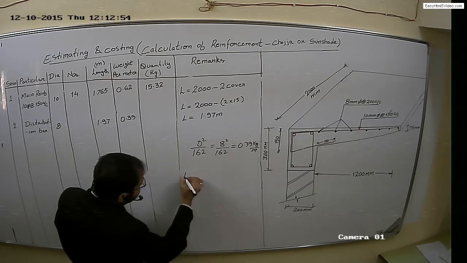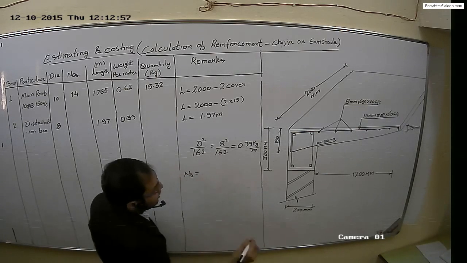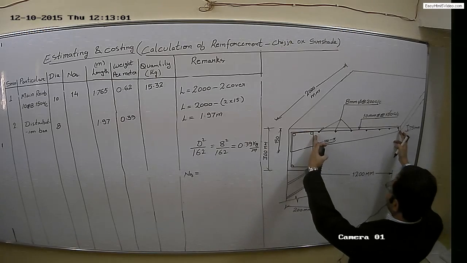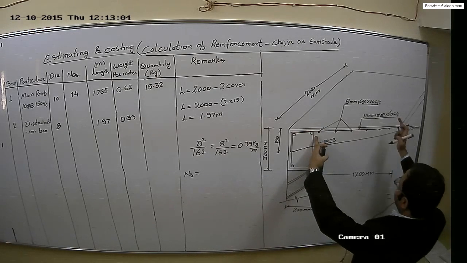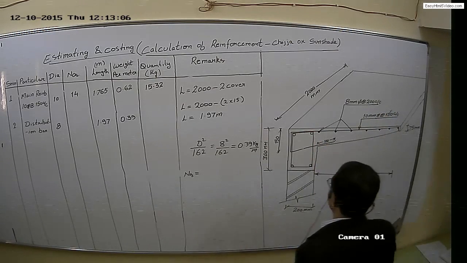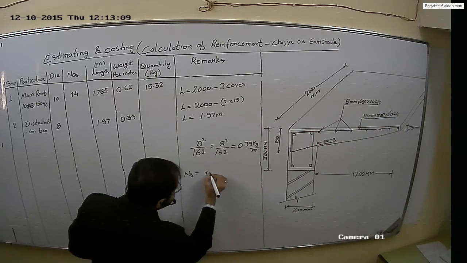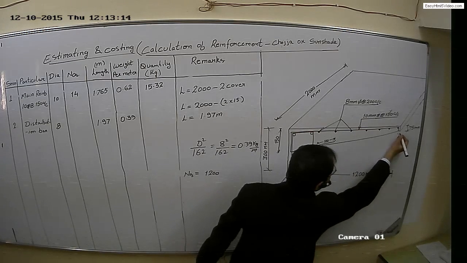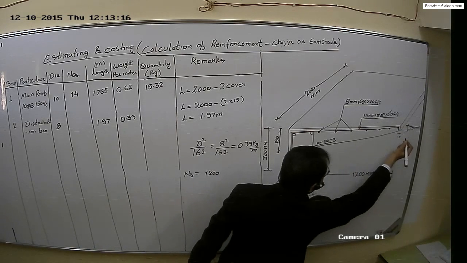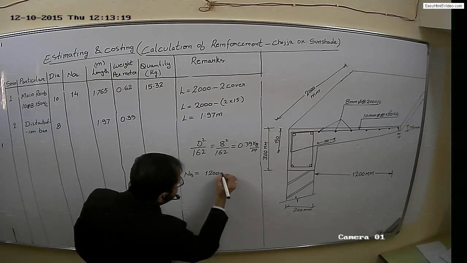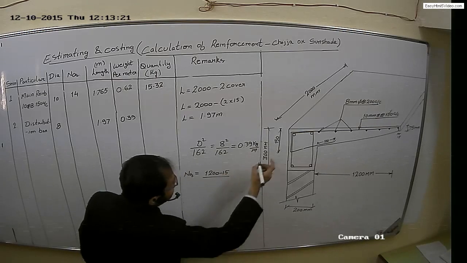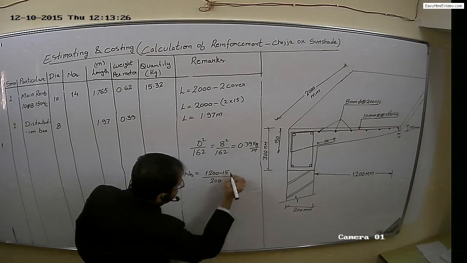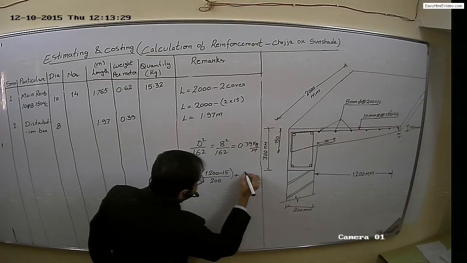Numbers will be equal to the distribution bars provided in this particular section. Means 1200 divided by 200, which is spacing, plus 1. This is 1200 minus cover from this side, a cover of 15 mm, correct, for slab. So 1200 minus 15 divided by the spacing of this distribution bar, which is 200, and you have to add 1.